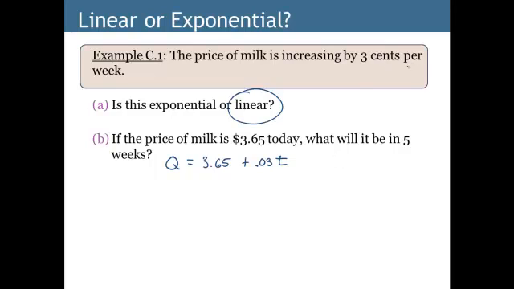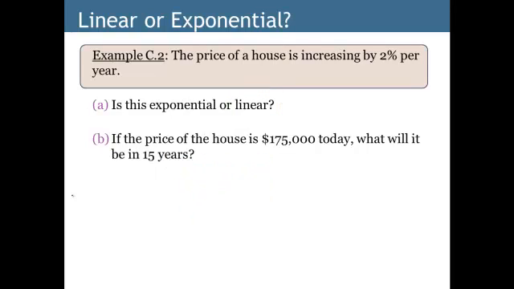So there it is: 3.65 plus 0.03 times 5 weeks later. Looks like my milk is going to cost me a whopping $3.80 now. Okay, so that's the linear model.